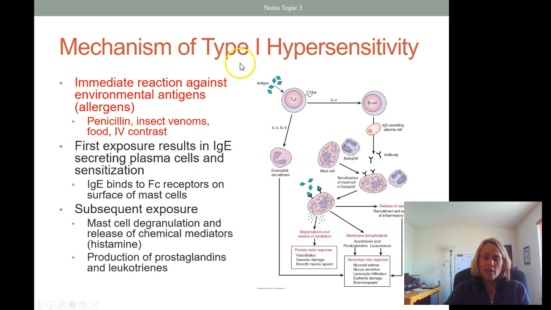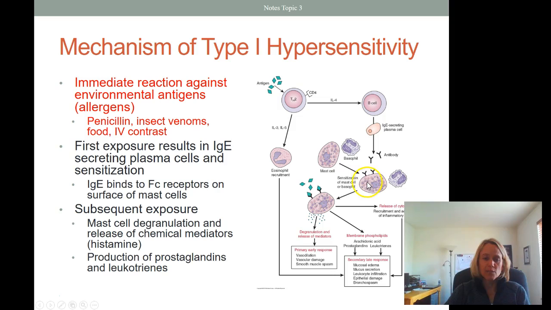So here we have, on the first exposure to an allergen, the helper T cell is going to get stimulated, and this is going to activate B cells, which are going to differentiate into plasma cells, which are going to secrete IgG antibodies. These IgG antibodies then bind to mast cells or basophils, and they become sensitized.